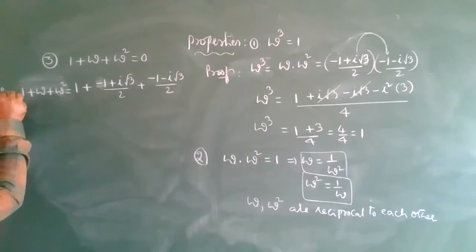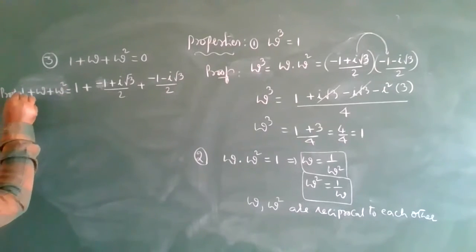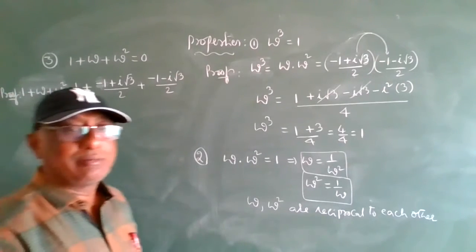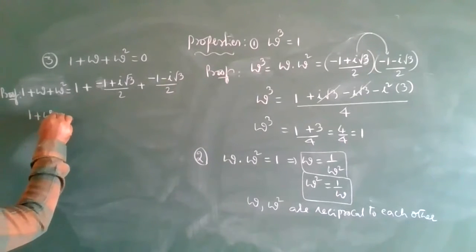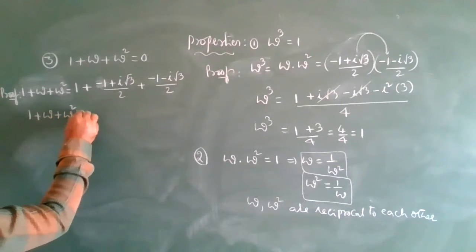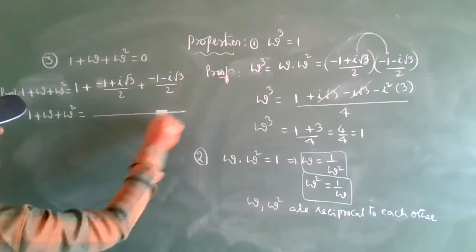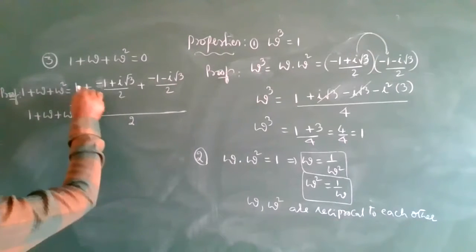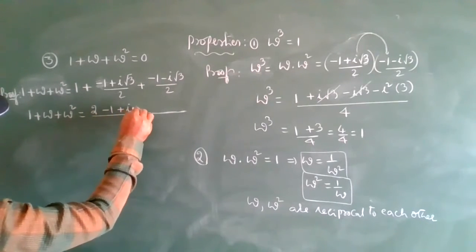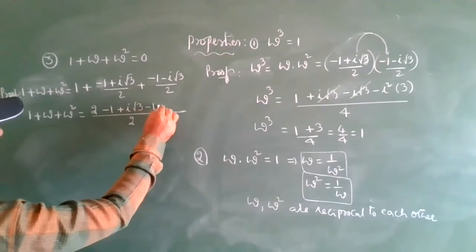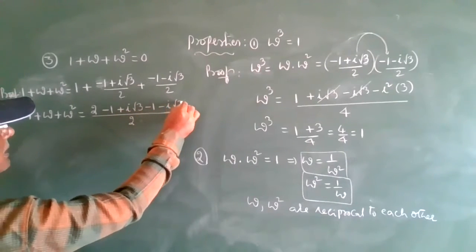Now we can see 1 plus omega plus omega square is equal to, with LCM 2, 2 into 1 is 2, minus 1 plus i root 3, minus 1 minus i root 3.